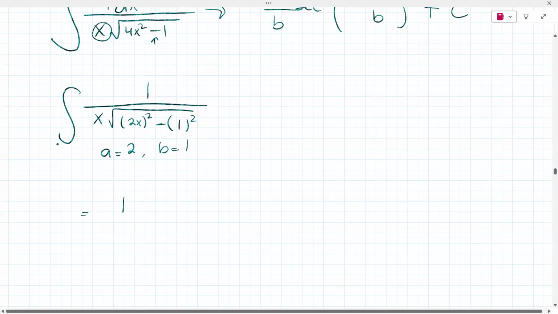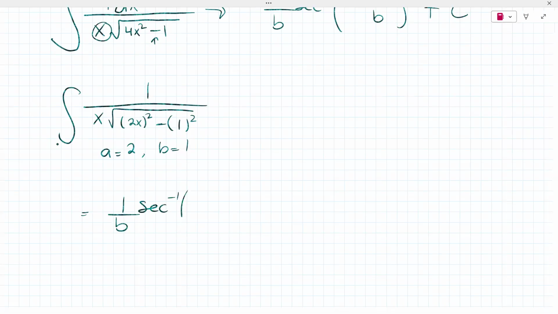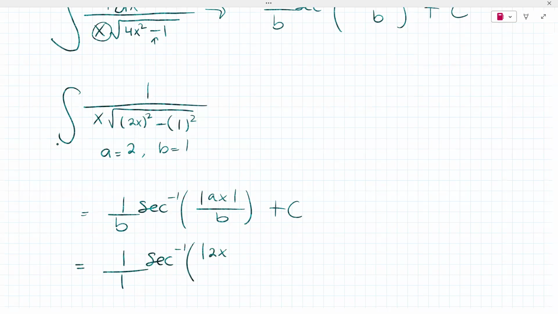You put it in the formula: 1 over b, secant inverse of the absolute value of ax over b, plus c. Okay, so we have our b, we have our a, we're good to go. It's 1 over b, which is 1, secant inverse of the absolute value of a, which is 2x.